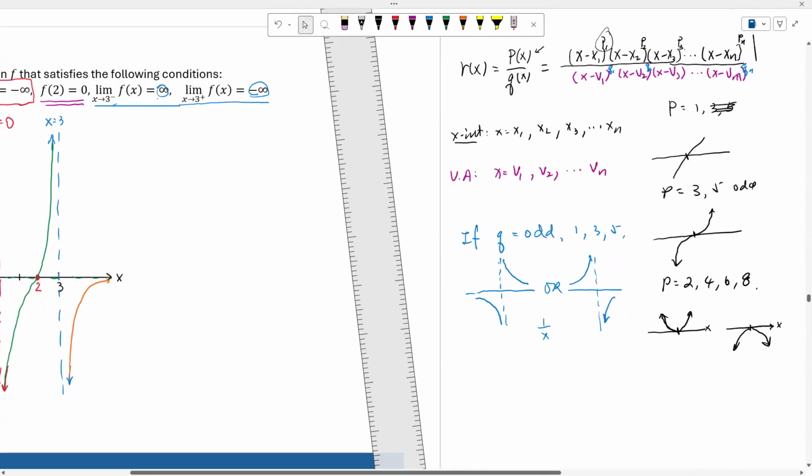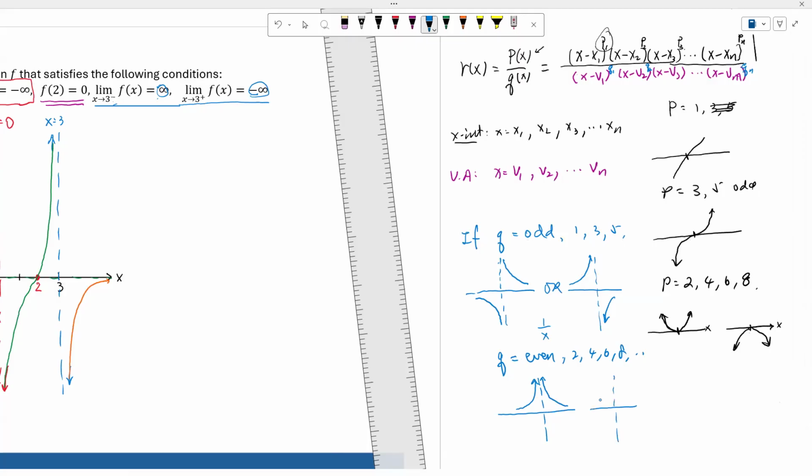And if q is even, meaning 2, 4, 6, 8, like this, then the behavior nearby the vertical asymptote is that the function approaches the vertical asymptote by either going to infinity or going down to negative infinity, on both sides.